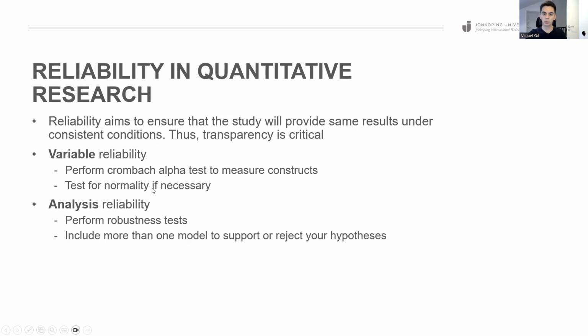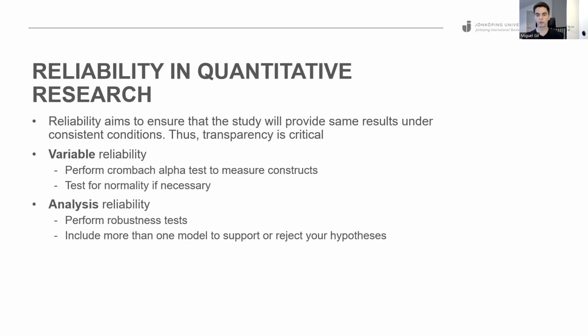And to show reliability, to show this consistency, as we discussed in the previous example, a very specific way of measuring reliability is to do a Cronbach-Alpha test to measure your constructs, and this works well with survey data.